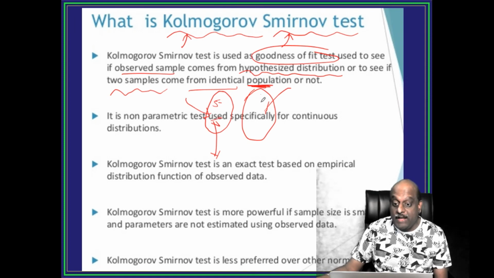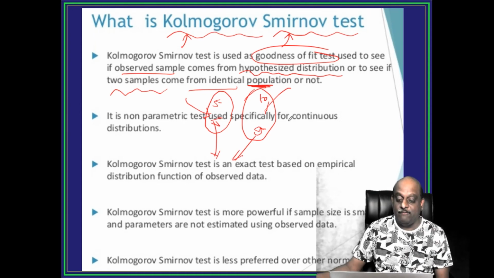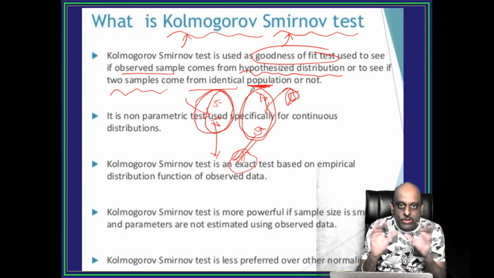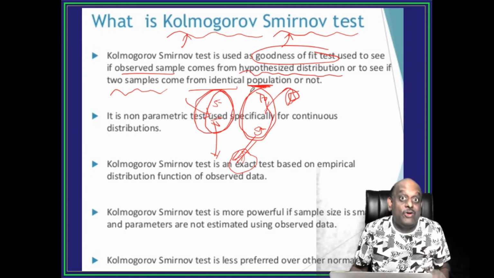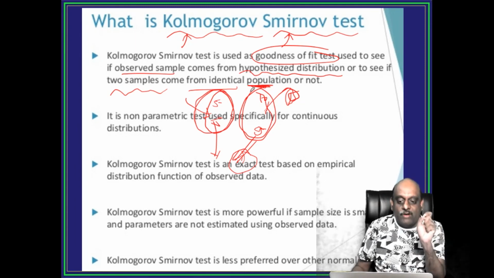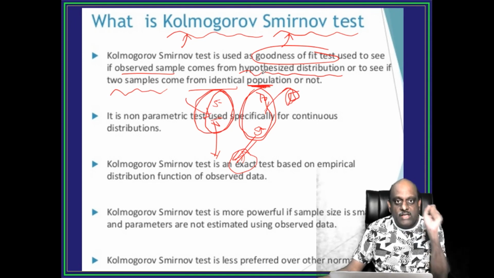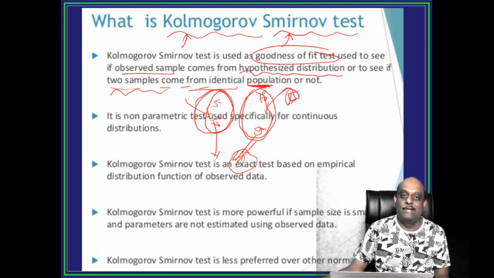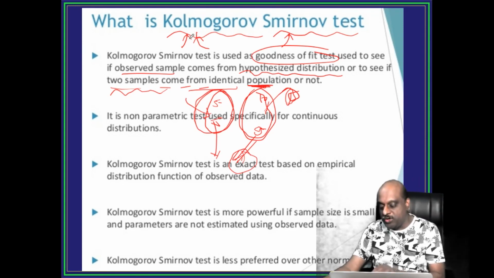Another has 10 boys, 90 girls. Obviously, top ranks will come from this group only. You observe that this group is getting more top ranks. But to compare, you are thinking that these two populations are homogeneous, similar. But in fact, they are not similar. So to look whether two samples come from an identical population or not, that is goodness of fit, you do the Kolmogorov Smirnov's test, is what you have to remember.